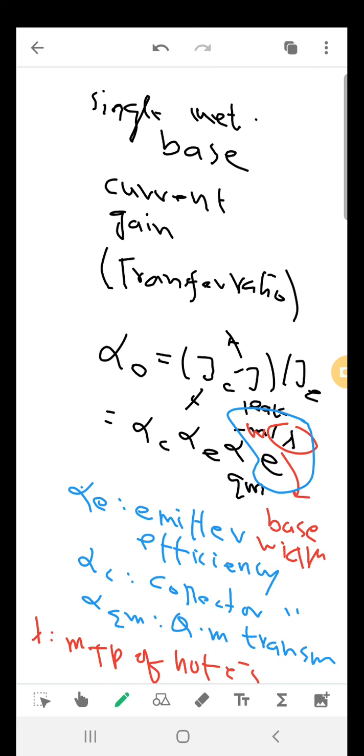Alpha E and alpha C depend upon the types and quality of the semiconductor.